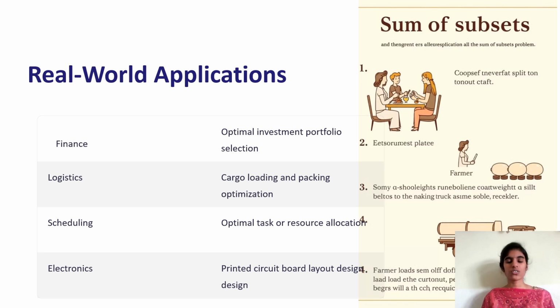We all observe this in ports. Scheduling: optimal task or resource allocation. We allocate some time for scheduling to perform an optimal task. Electronics: printed circuit board layout design.